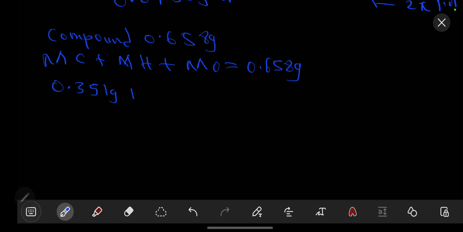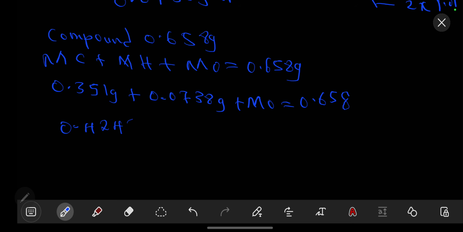Then plus the hydrogen, which has given us 0.0738 grams. Then plus the mass of oxygen, which we don't know, should be equal to 0.658. When we add 0.351 plus 0.0738, we get 0.4248. Then adding the mass of oxygen should be equal to 0.658, which is our total mass.